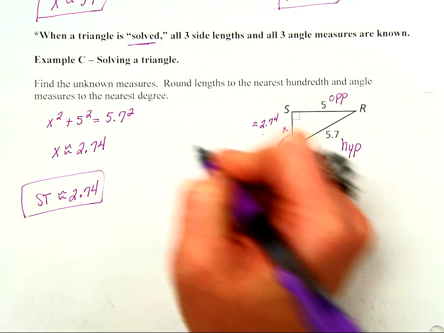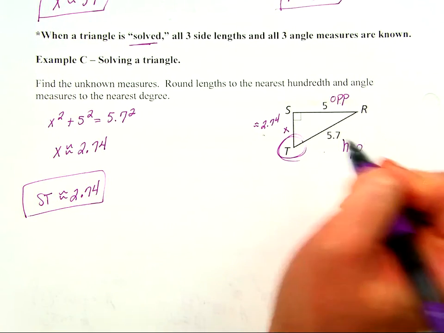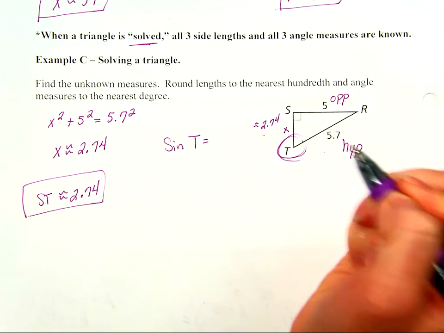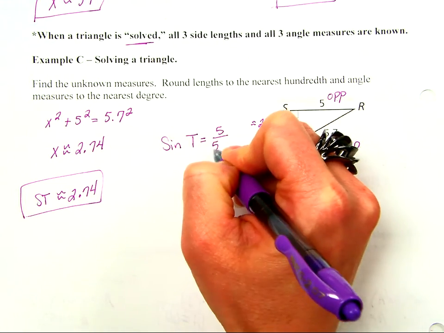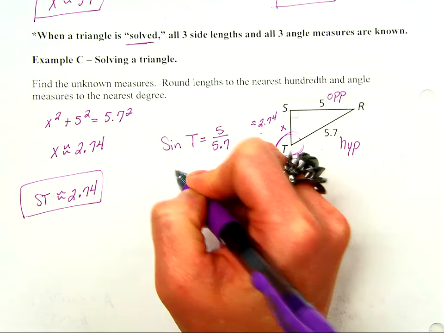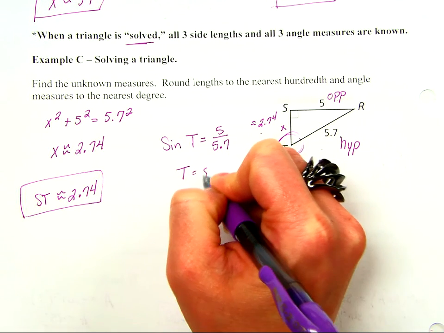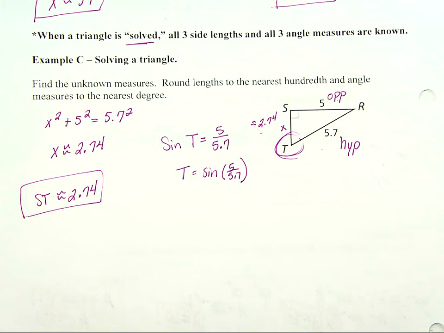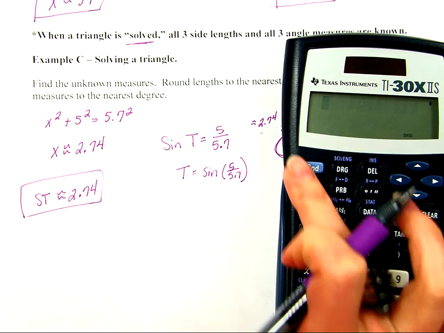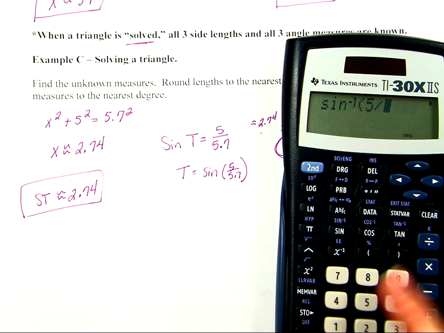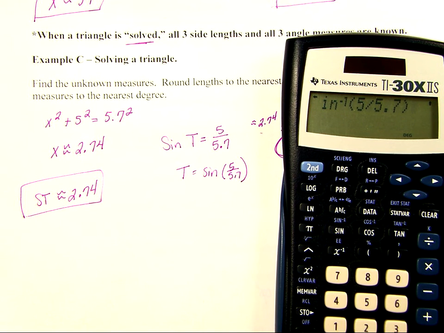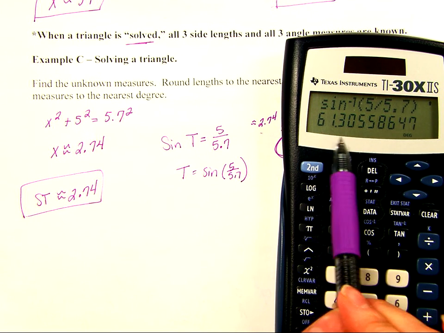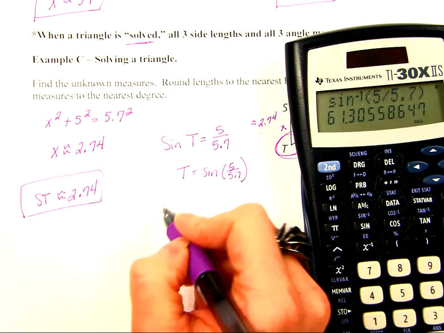For my angle T, then, I know opposite and hypotenuse would be the sine function. The sine of angle T would be 5 over 5.7. In other words, angle T would be the inverse sine of 5 over 5.7. So to the nearest degree, it looks like angle T is about 61 degrees.